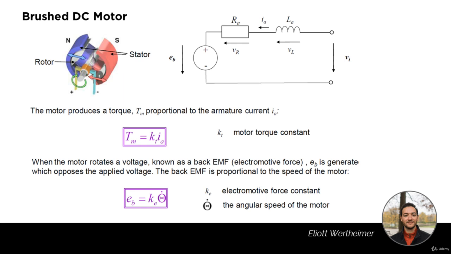So I mean theta is actually the angular position of the motor, and the derivative of this angular position is the angular speed of the motor. So what you can see is that, again, there's an electromotive force constant given by the manufacturing of the motor, and the faster the motor is turning, the higher that electromotive force becomes, and therefore the lower the power output of the motor can be.